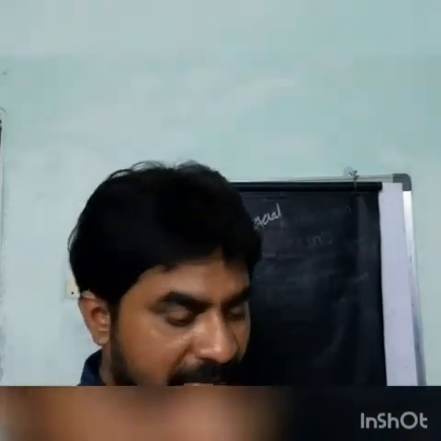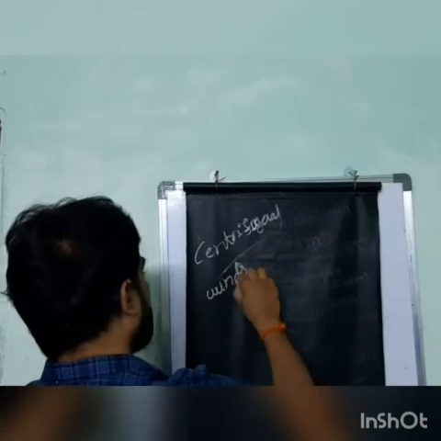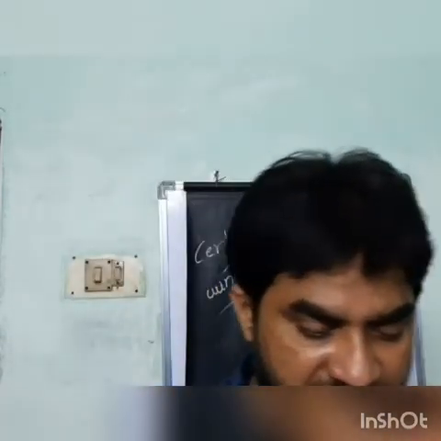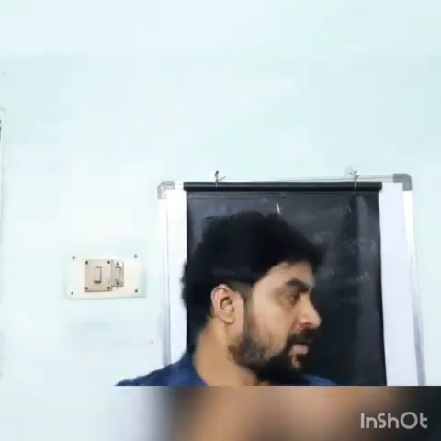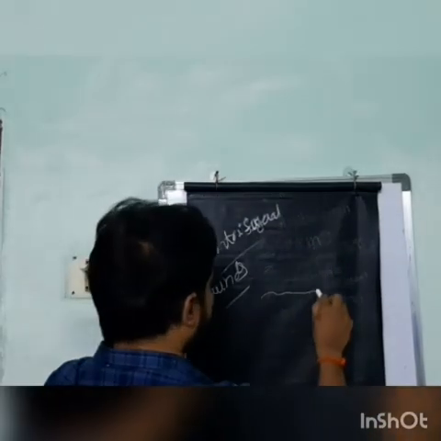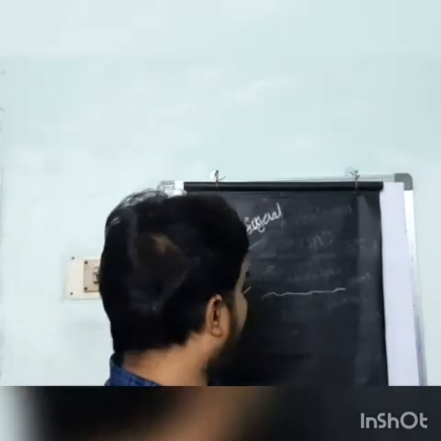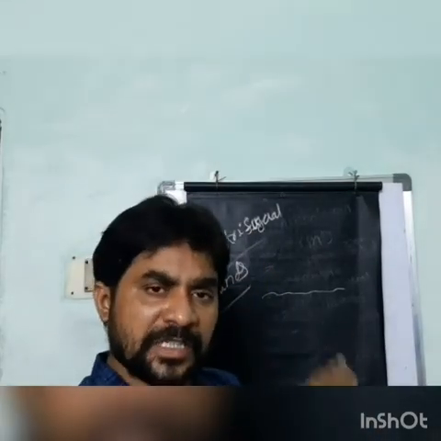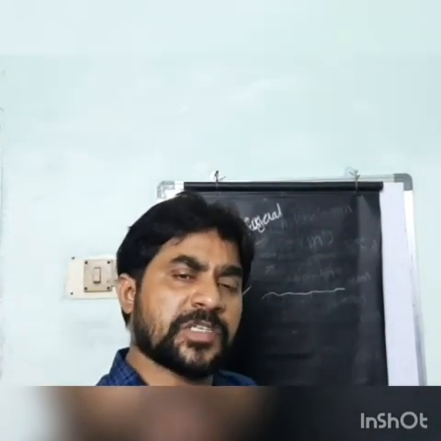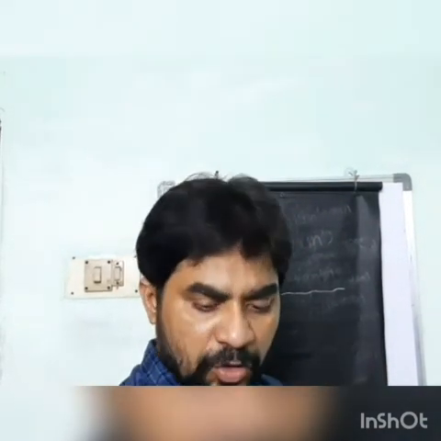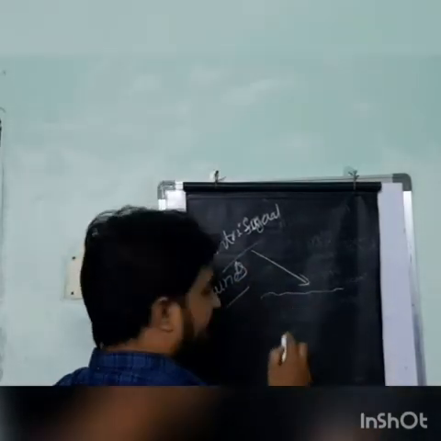Next one is called the effects of the winds. Here I will draw: water is going to flow in the region of the oceans. When the water flows in the ocean, this is called frictional gliding.